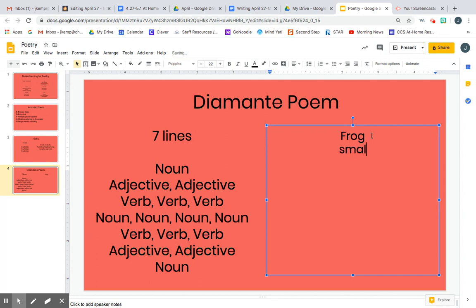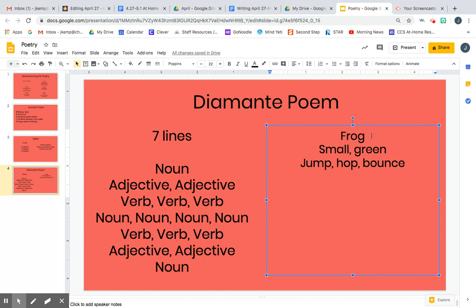So I'm going to do small and green. Those both describe what a frog looks like. Then I'm going to do 3 verbs. Jump, hop, bounce.